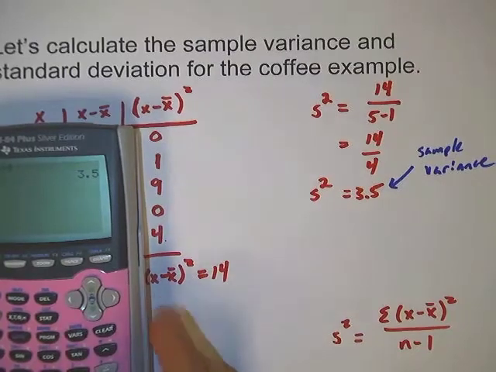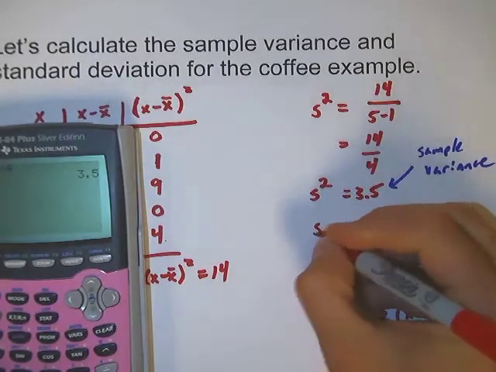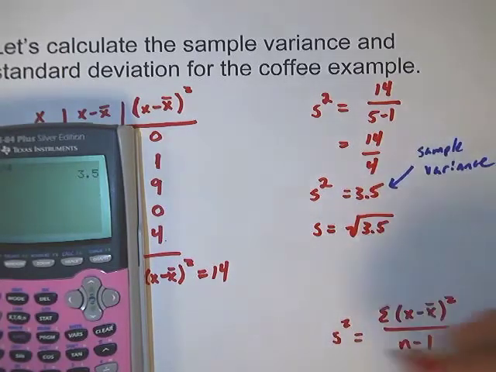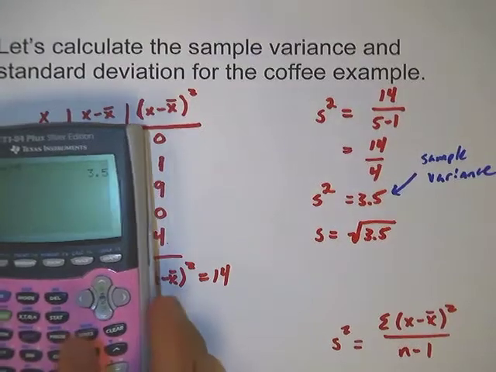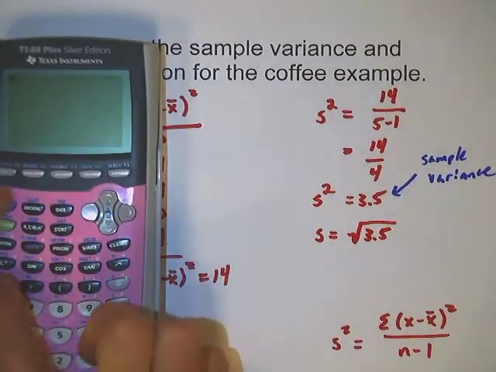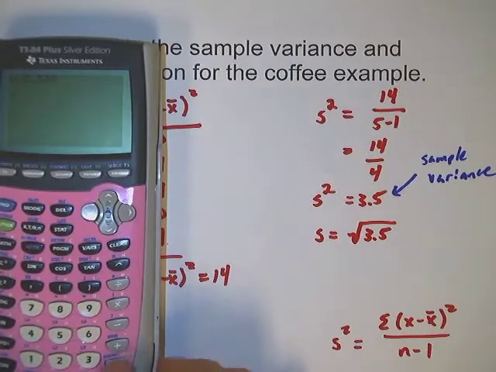Okay, and now to get our sample standard deviation, S, you simply take the square root of 3.5. Okay, and if we do that on the calculator, the square root of 3.5 ends up being about 1.871.